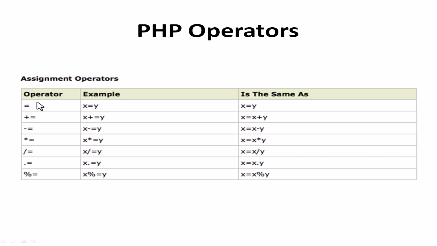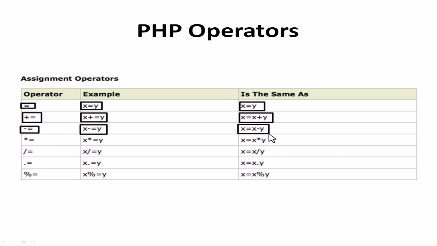Next, assignment operators. Assignment operators are used to assign specific values. For example, x equal to y. For example, x is having a value 5 and y is having a value 5, so it will be the same. Next, to add the value, x plus equal to y is the same as x equal to x plus y.